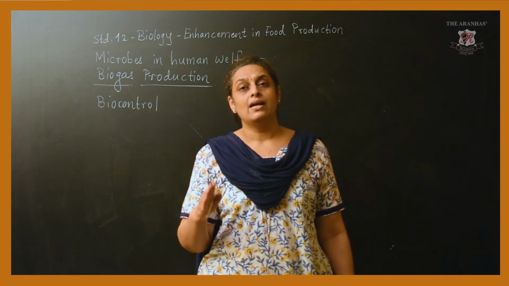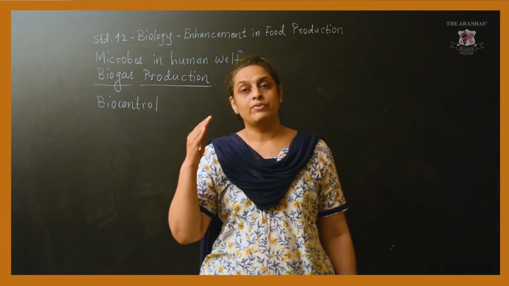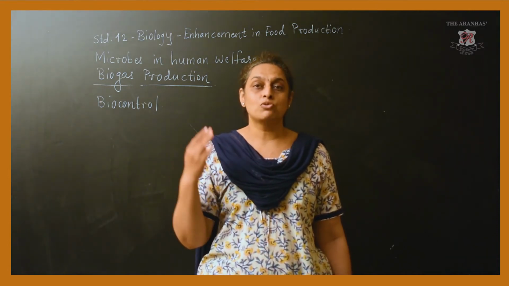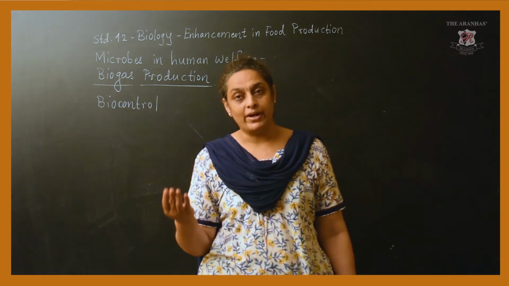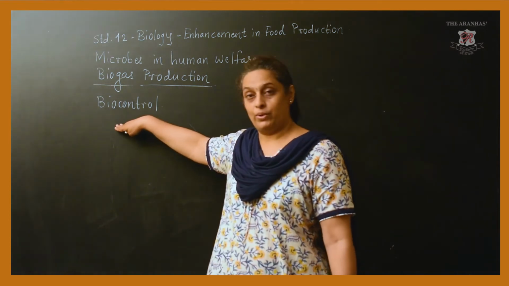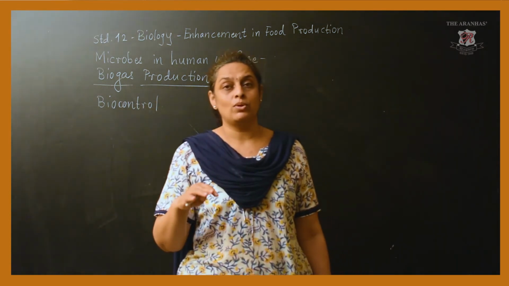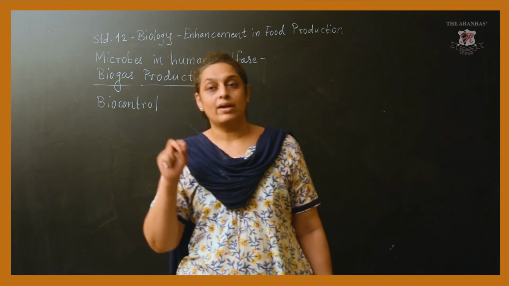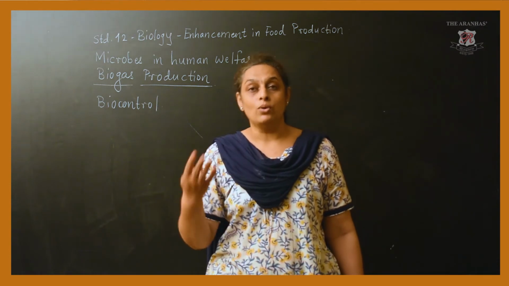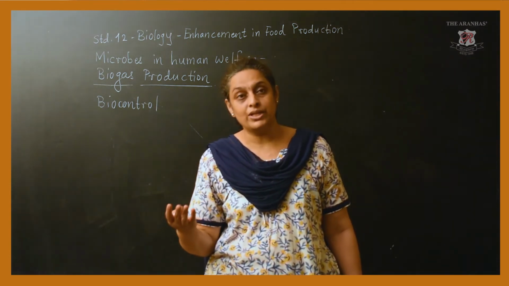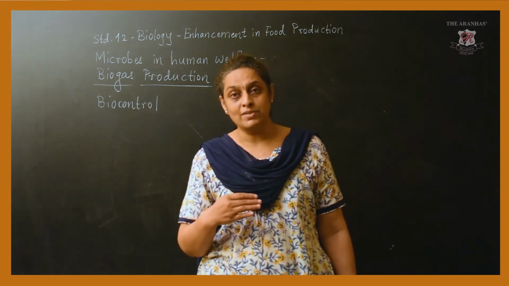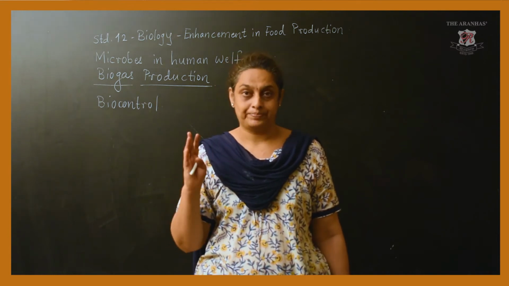So that's why application of synthetic pesticides beyond a certain limit has so many negative points, and that's why a solution is biocontrol. Now, what is done in biocontrol is one organism is used to control growth of pathogens or such disease causing organisms which are harming the crops.